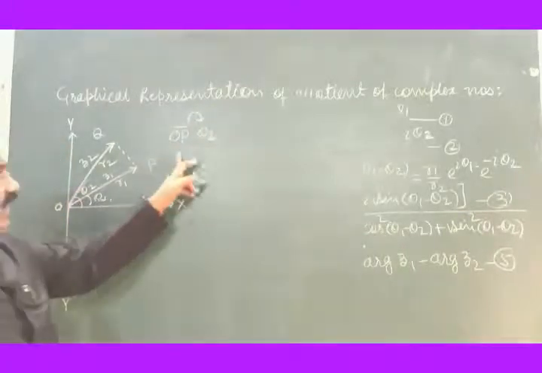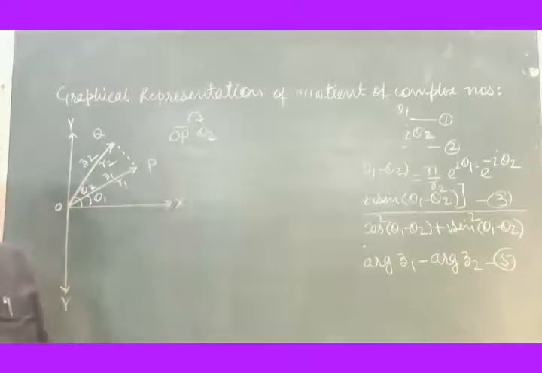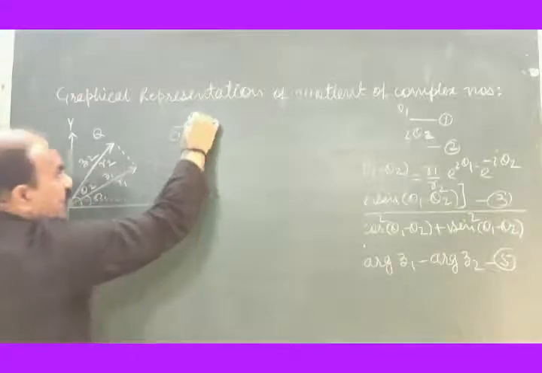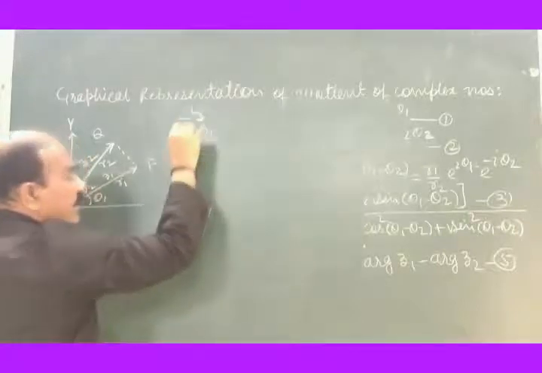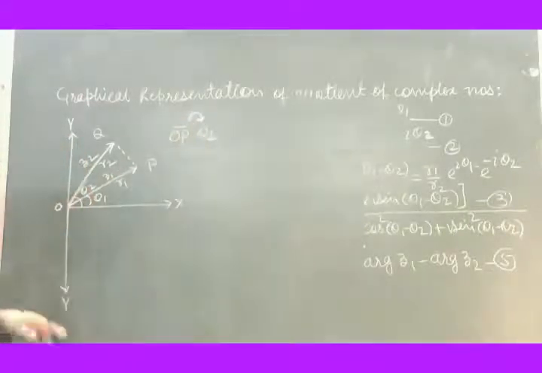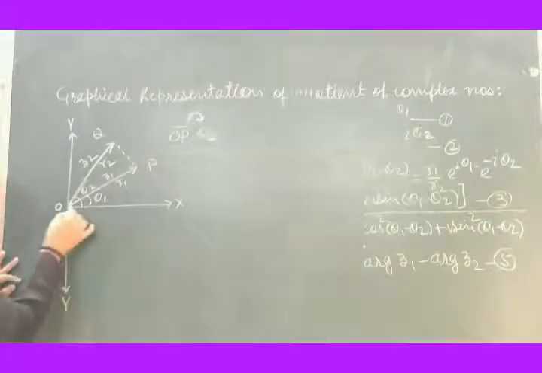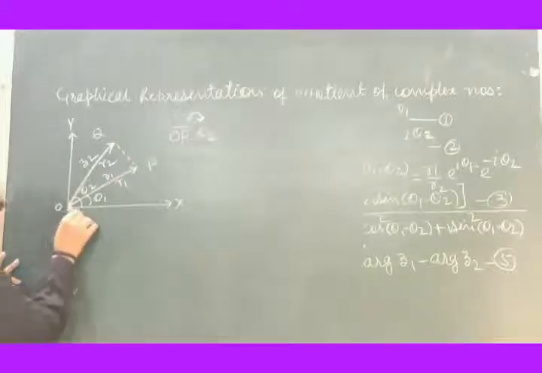Let us rotate vector OP through angle theta 2 in the clockwise direction. So this vector OP is rotated in the clockwise direction through angle theta 2 and you reach somewhere here.